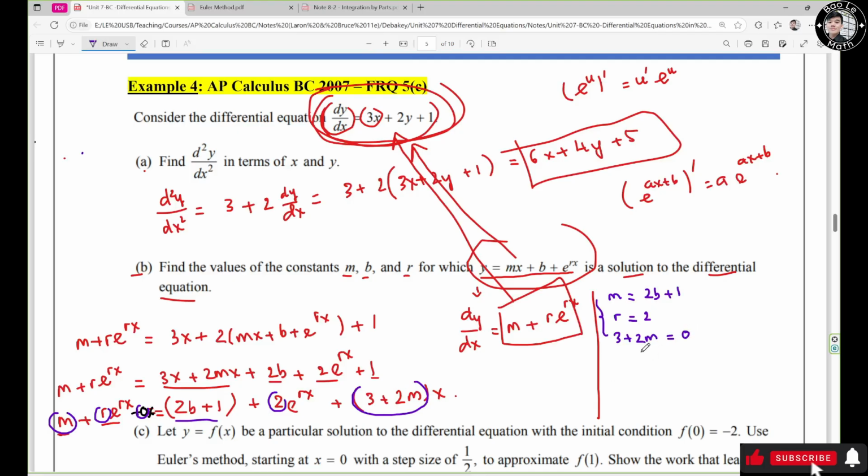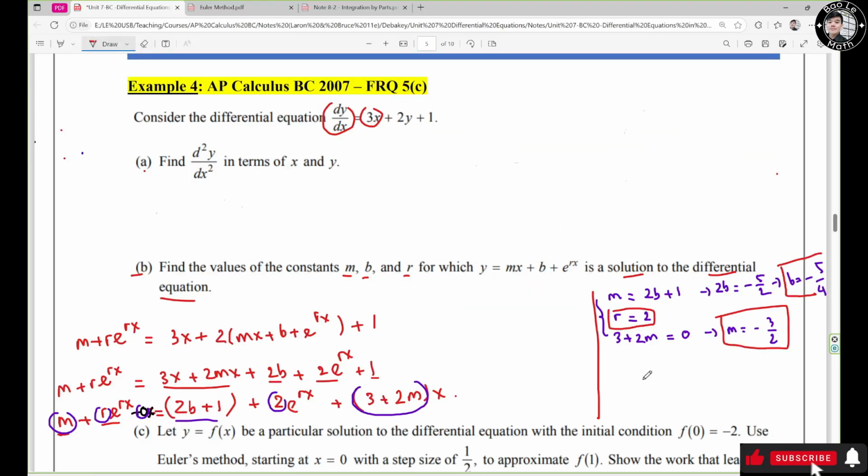From the third equation, I can solve for m, so m equals negative 3.5. I substitute back over here to solve for b. So I have 2b equals negative 1 plus negative 3.5, which is negative 5.5, so b equals negative 5 over 4.